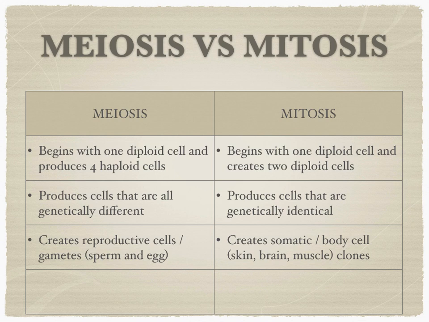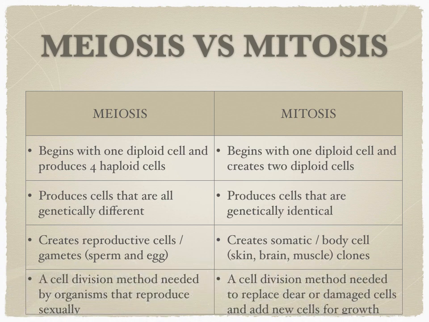Cells that get damaged and die and need to be replaced. Literally, it's just a factory that creates copies of cells to replace ones that are dead or that are damaged.